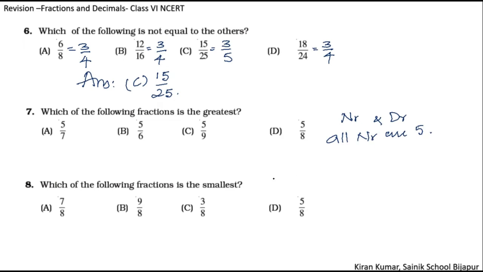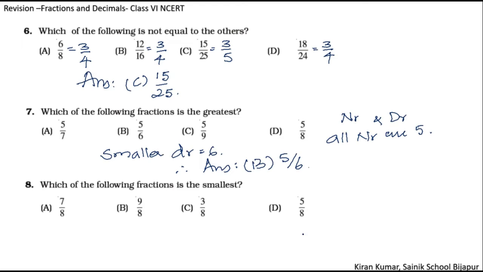So we need to compare only the denominators. The greater the denominator, the smaller will be the value. So here the smaller denominator is 6. Therefore, the greatest fraction is option B, 5 by 6.